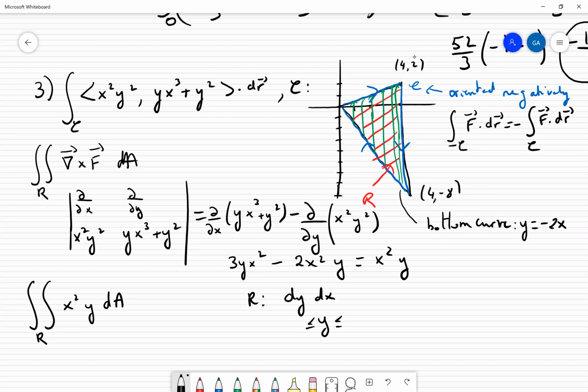And then the top curve, again, the y-intercept is 0, and you see that the slope, you go up 2 over 4, so it's 1/2 x. So here that means that your region is from the bottom curve, which is negative 2x, to the top curve, which is 1/2 x.